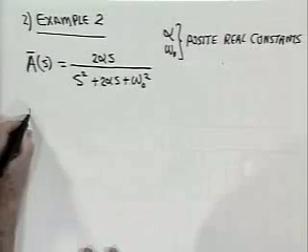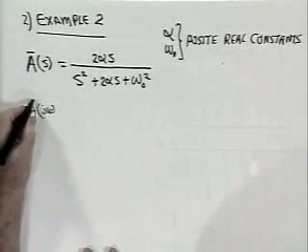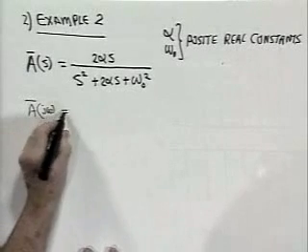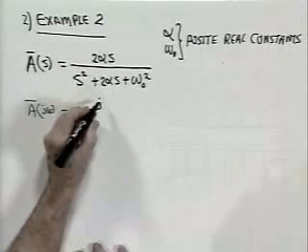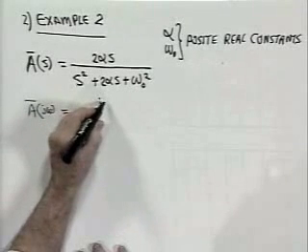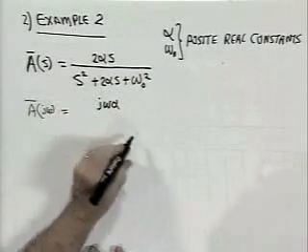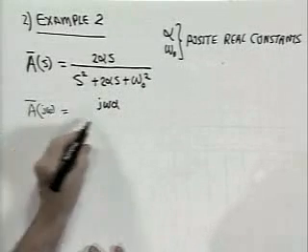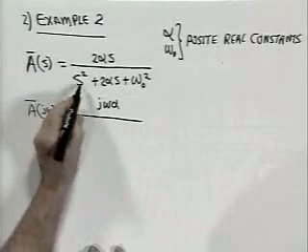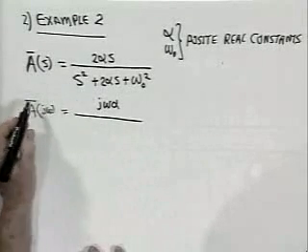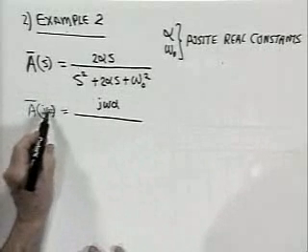We need to put S equals j omega to begin the conversion to polar form. If I put in S equals j omega, this is j omega alpha divided by S squared, which is simply minus omega squared.